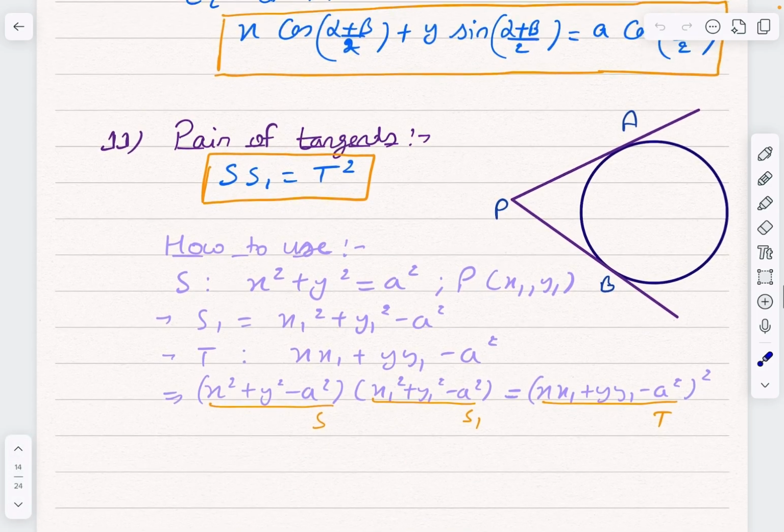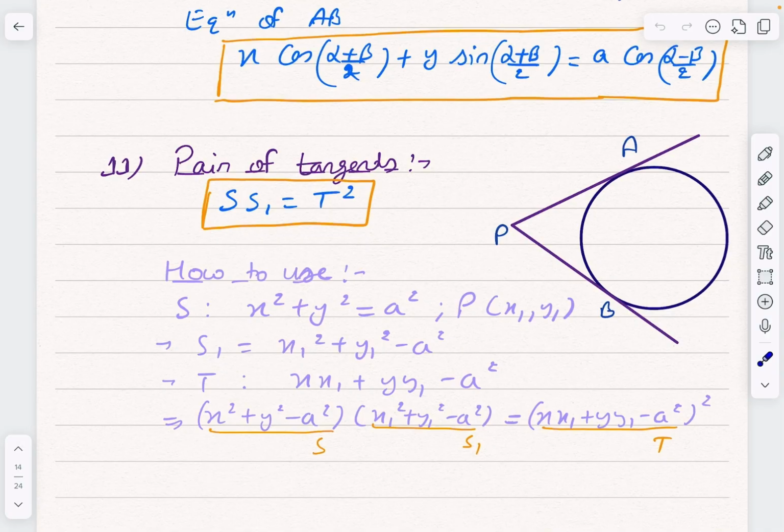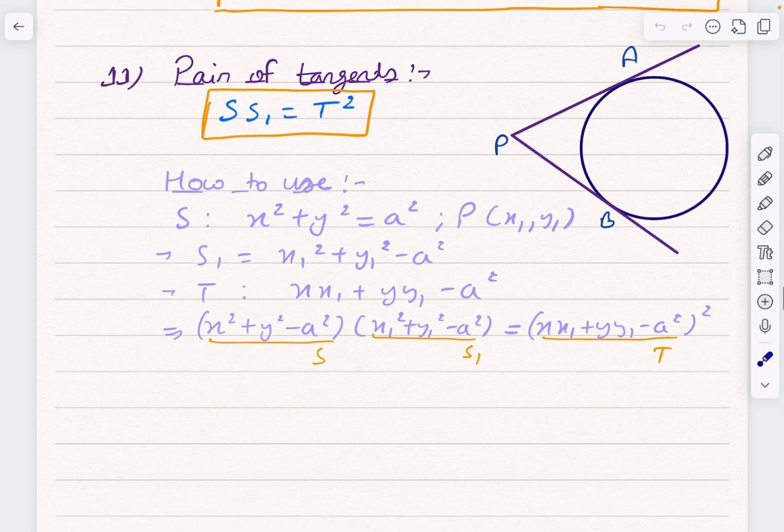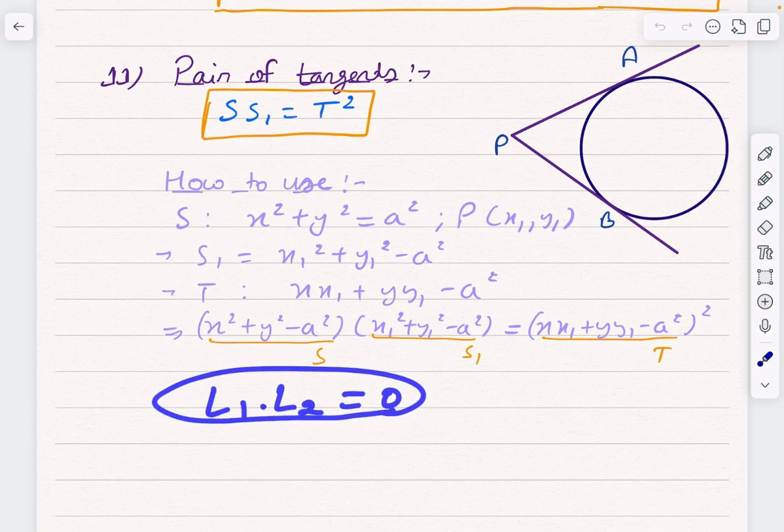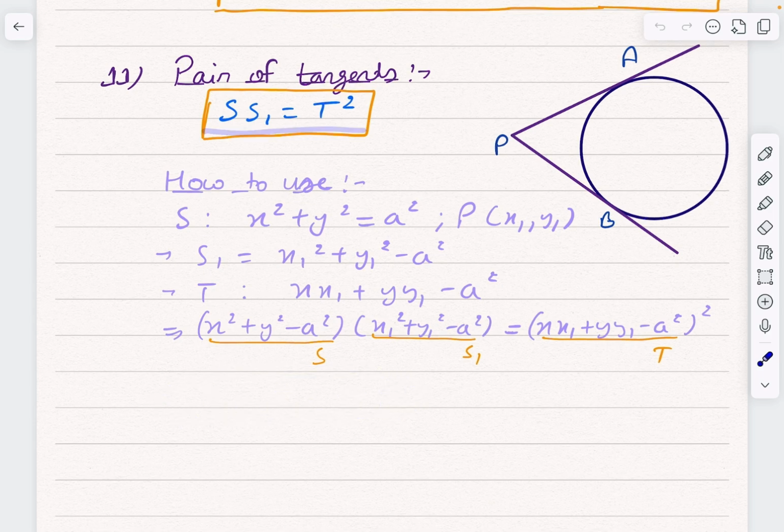Next, guys, the pair of tangents. Earlier we also discussed how to find the equation of tangents from an external point. Now, if you want the pair of tangents, meaning when the lines are being multiplied together, L1 L2 equal to 0, we have a direct formula to find that also. What is that? S1 equal to T square.